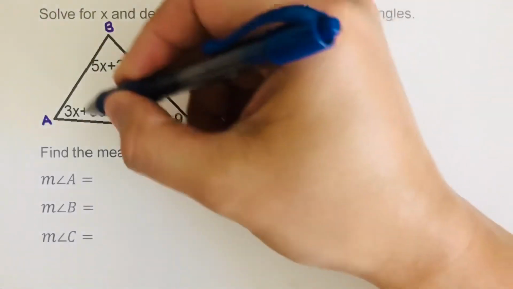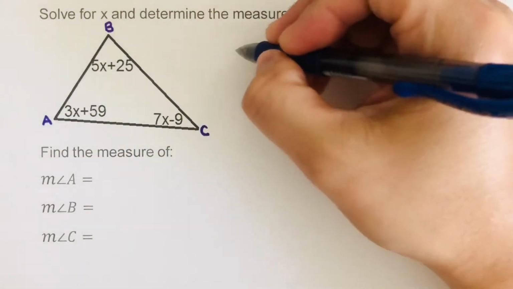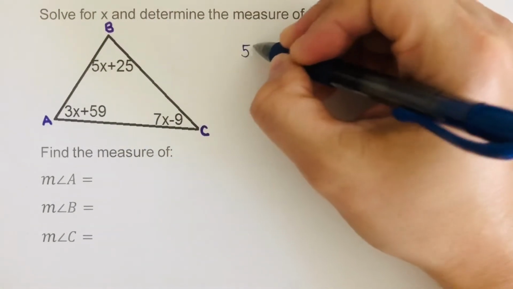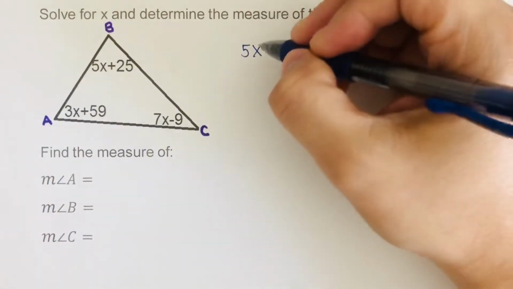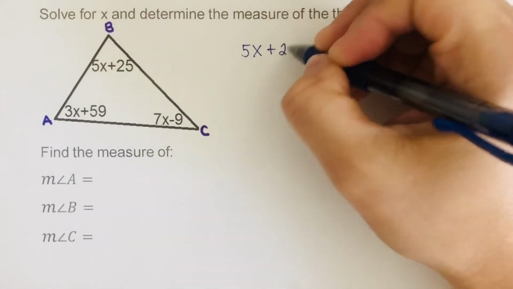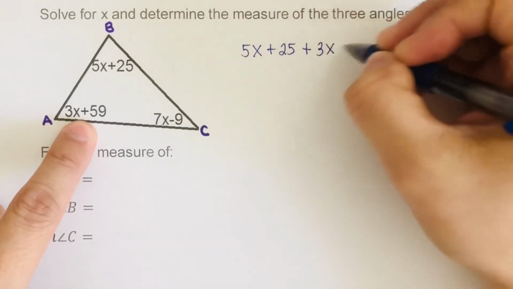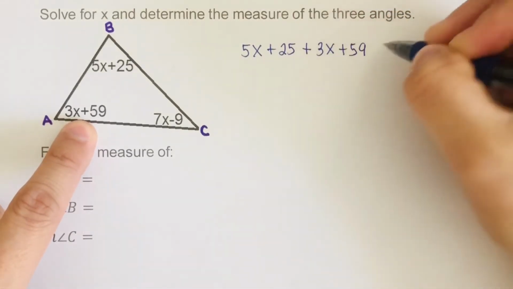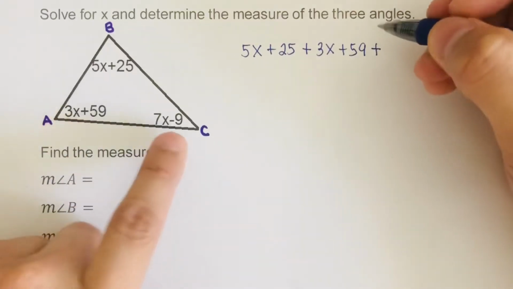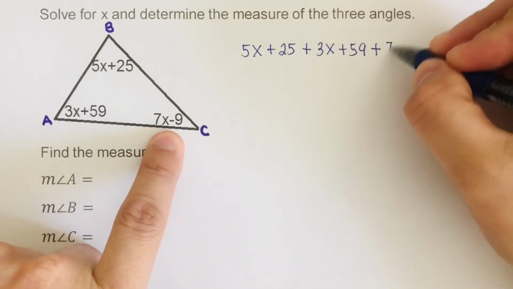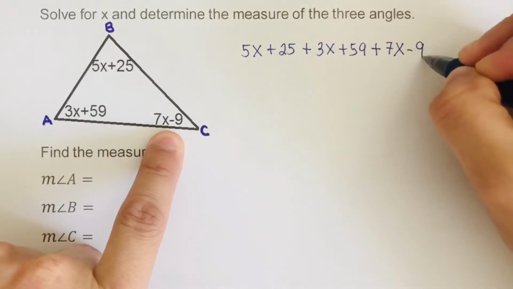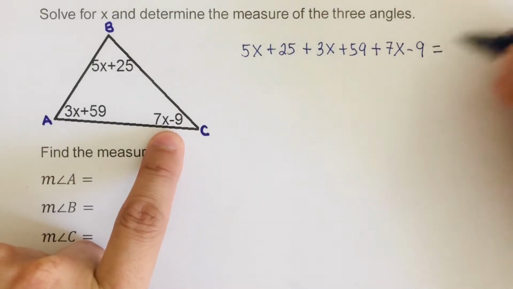We can start anywhere, it doesn't matter. So I'll start on the top here. 5x plus 25 plus 3x plus 59, and then plus 7x minus 9. Again, all of these is equal to 180 degrees.